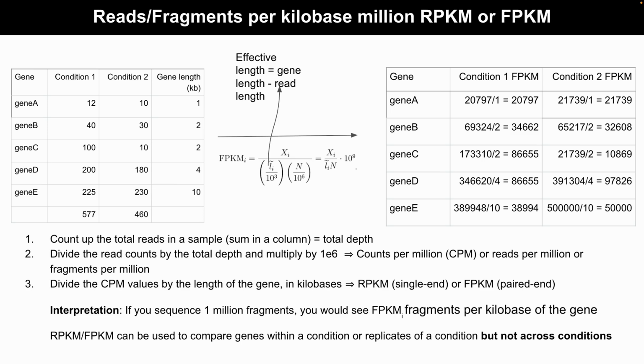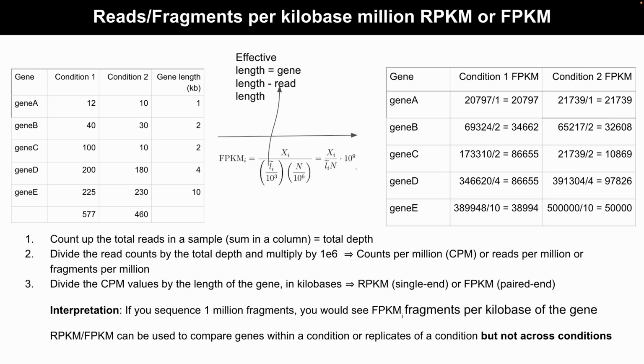That's correct. Okay. Now, what is the interpretation? If you sequence 1 million fragments, you will see that many fragments of this particular gene sequenced, after accounting for the length adjustment that you have done, right?